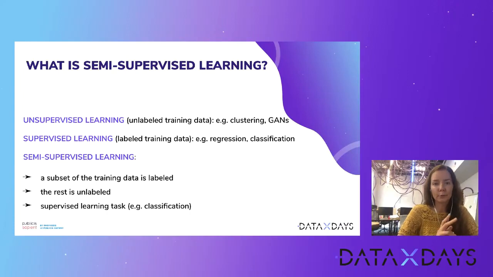Here, there are two types of training data. There's a subset of the training data that is labeled, and then there's the rest, which is typically a much larger part, that remains unlabeled. However, the task itself is normally of a supervised learning variety. For instance, it could be a classification task, even though you're using unlabeled data or partially using it.